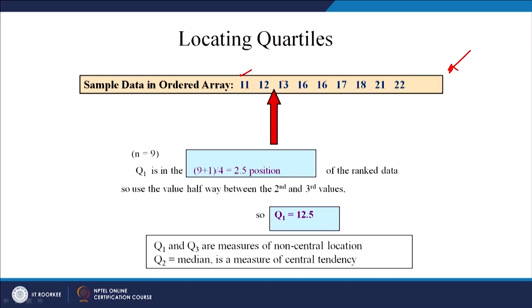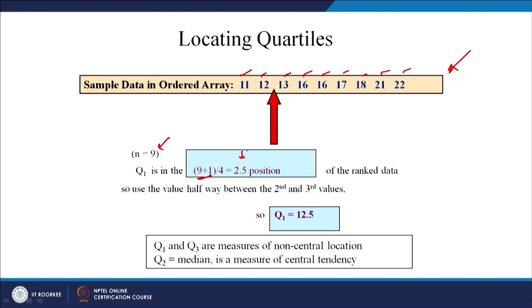So, let us solve this example. This is a case wherein there are 9 data points: 11, 12, 13, 16, 16, 17, 18, 21 and 22. So, the first quartile is what? It is (n plus 1) by 4. N is 9, so this is 10 by 4, which is 2.5.